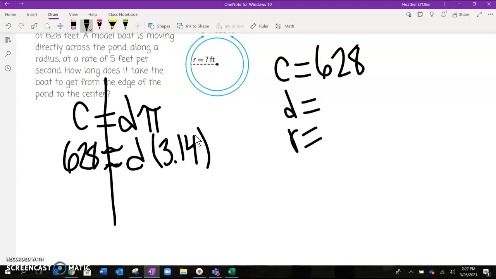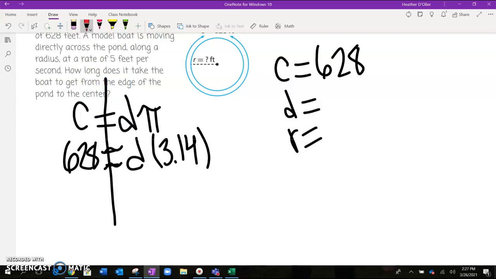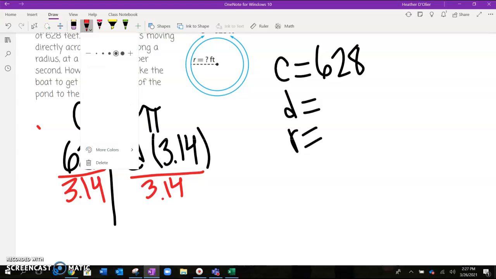Okay, this is an equation. We got this. It says the diameter times pi gives me the 628. So to undo multiplication like this, I need to divide. I'm dividing by 3.14. Whatever I do to one side, I do to the other.